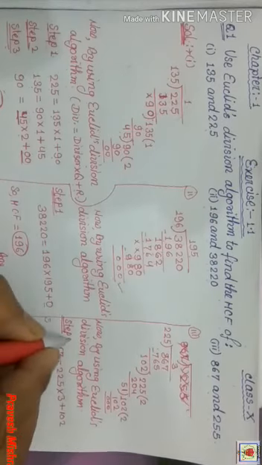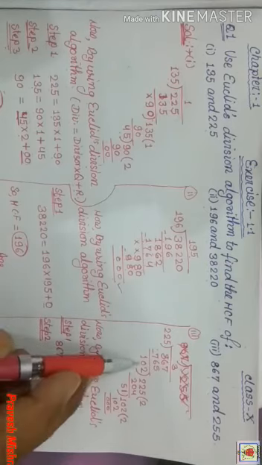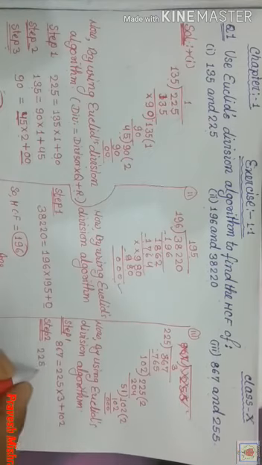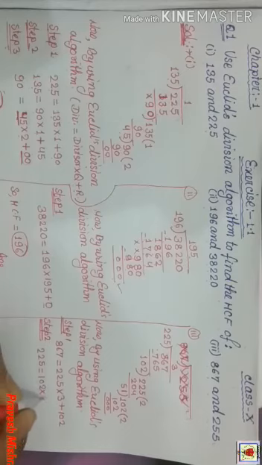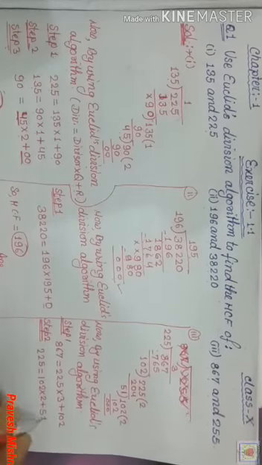Step 2 is here. 225 is the dividend, 102 is the divisor, the quotient is 2 and the remainder is 51.